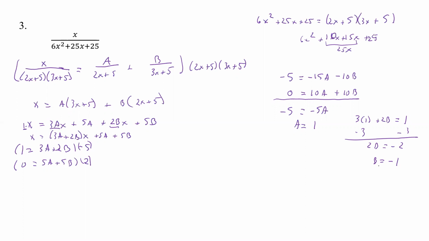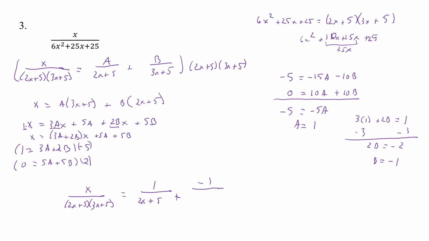Okay, so I have my a and my b, and I just plug them back into the formula here. And so my decomposition looks like the original part after we factored it, of course. And then a was 1 over 2x plus 5 plus b is -1.